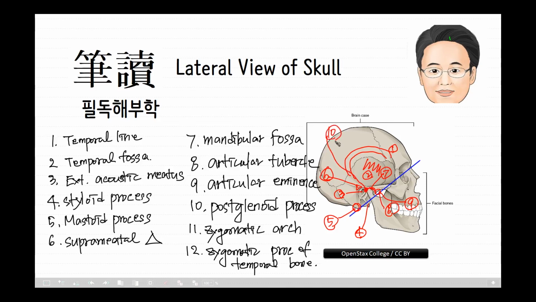Number 11, zygomatic arch is here. Number 12, zygomatic process of temporal bone is part of the zygomatic arch, in some part around here. Okay, now I will describe these structures in detail from now on.